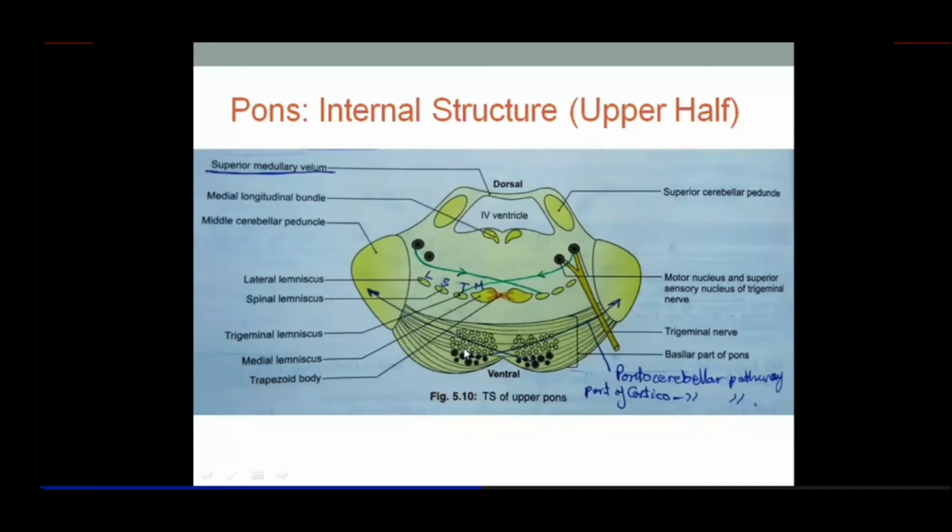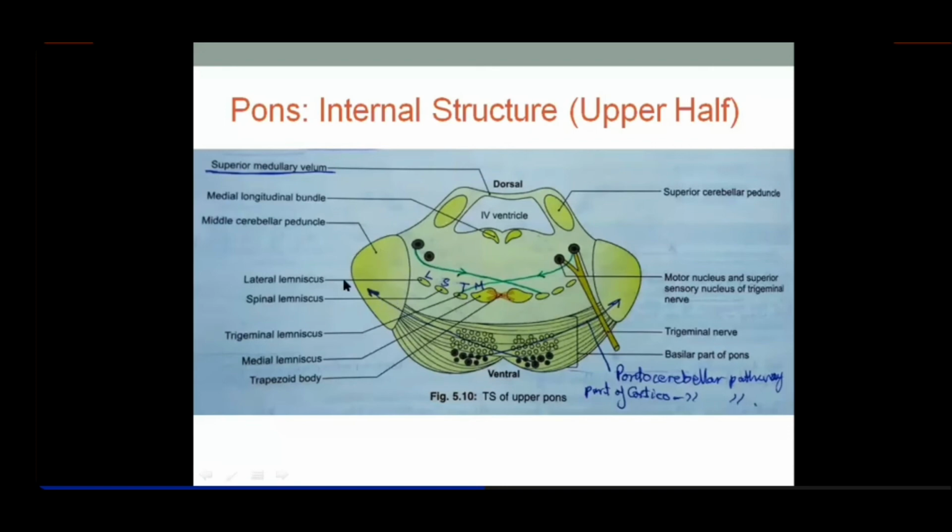Embryologically, they spread out and form different nuclei separately. But here, the pontine nuclei, the purpose is for the L-shaped fibers. Corticopontine are the vertical fibers, and then pontocerebellar are the transverse fibers. They reach the opposite cerebellum through the middle cerebellar peduncle.